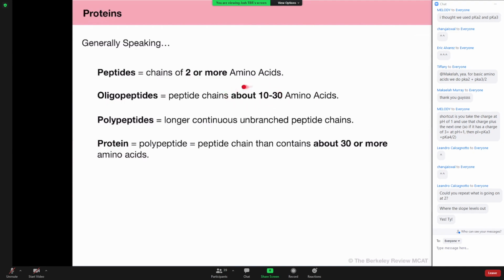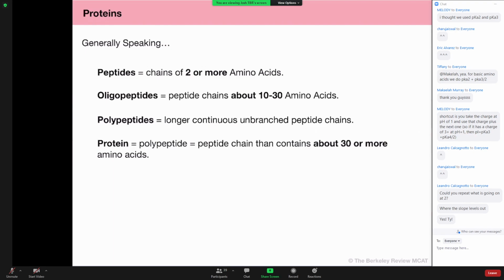These numbers are not exact, by the way, except for 2. Polypeptides are the same thing as a protein: the longer, continuous, unbranched peptide chains. And it's considered a protein at, again roughly, about 30 or more amino acids.